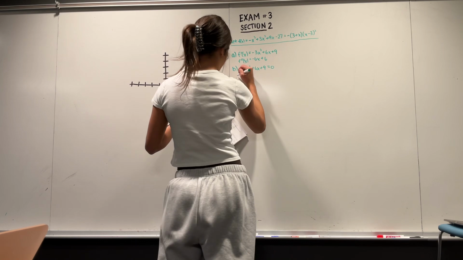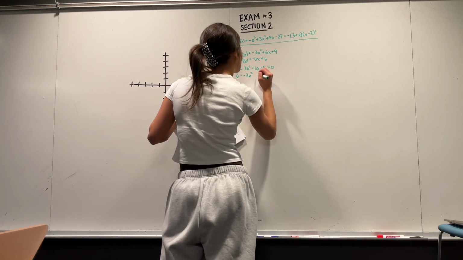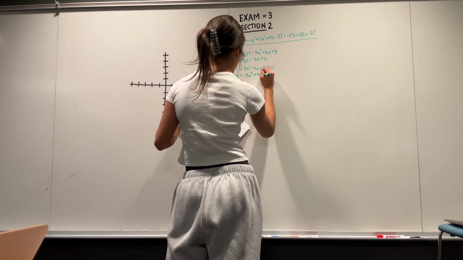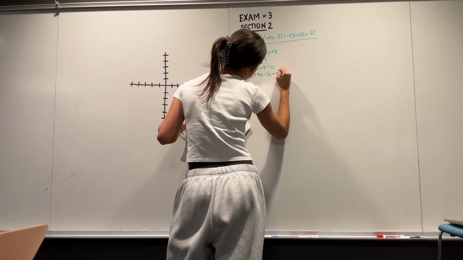So then this becomes negative 3x squared plus 9x, and then minus 3x, and then plus 9.